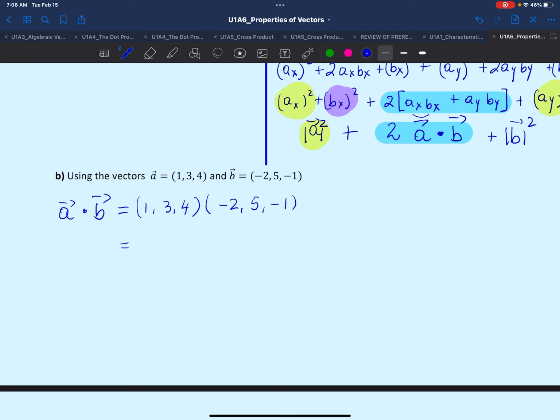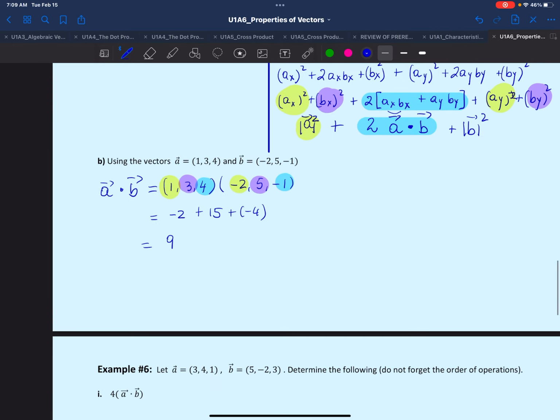So again, we're going to go x coordinates together, y coordinates together, and the z's together. So we have 1 times -2, 3 times 5, and 4 times -1. So -2 plus 15 minus 4, the answer will be 9.